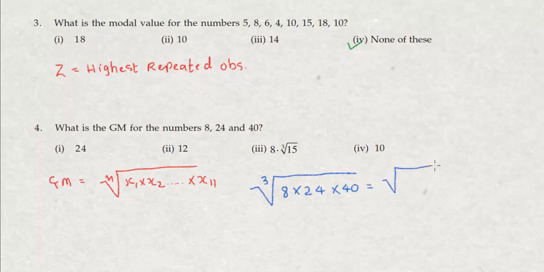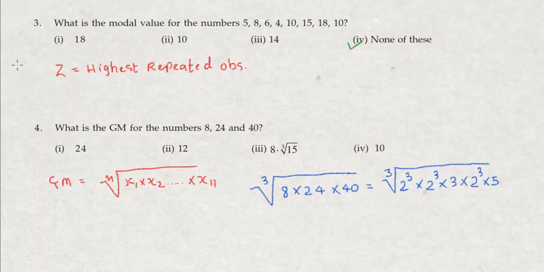It is easily understandable that I can write 8 as 2 raised to 3, 24 is nothing but 8 into 3, so I can write it as 2 raised to 3 into 3, and 40 is 8 into 5, so I can write 2 raised to 3 into 5.